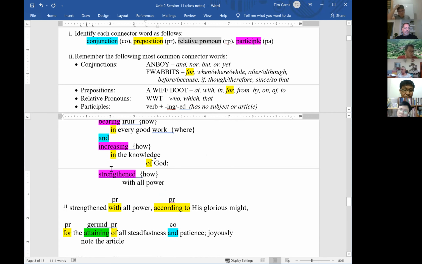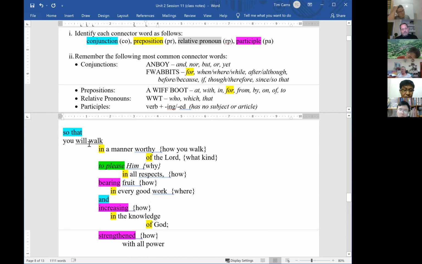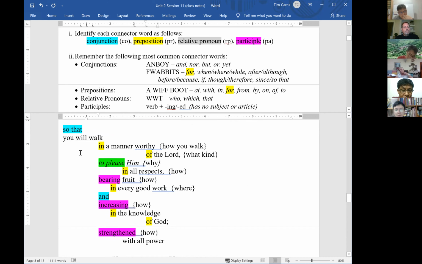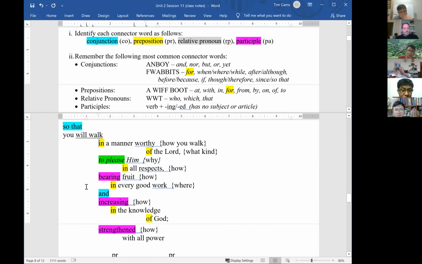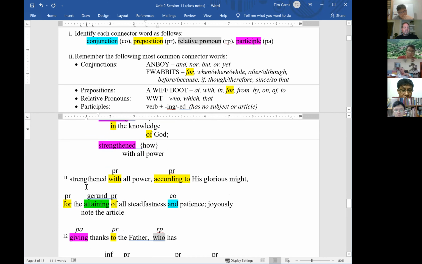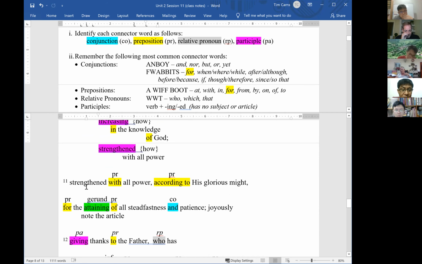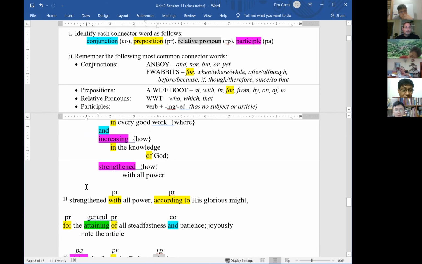So this "you will walk" command or statement here, clause, has a number of phrases and clauses modifying it. Paul gives a lot of description here to how and why you will walk. Again, joyously giving thanks is another way that we walk from this passage.